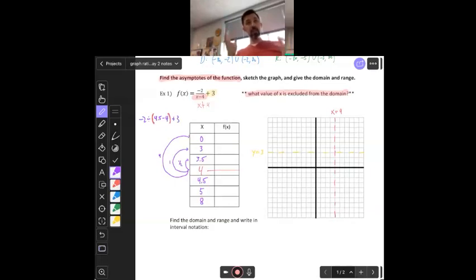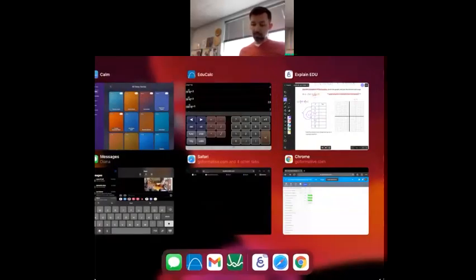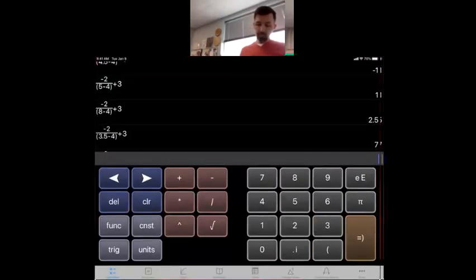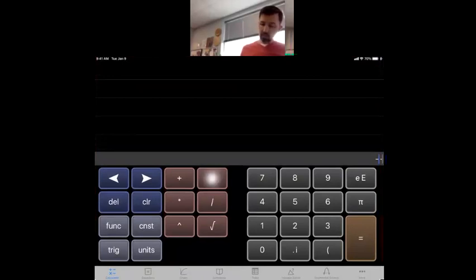So make sure you have a good calculator that has parentheses on it, not the calculator that came with your phone, but something better than that. So -2 divided by parentheses 4.5 minus 4, close those parentheses, +3.